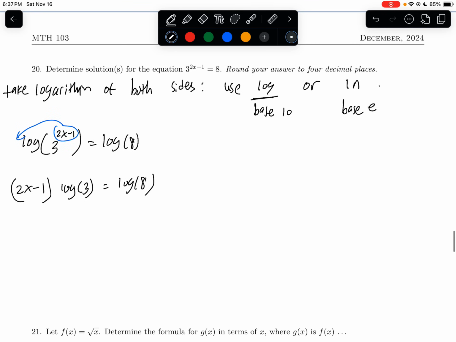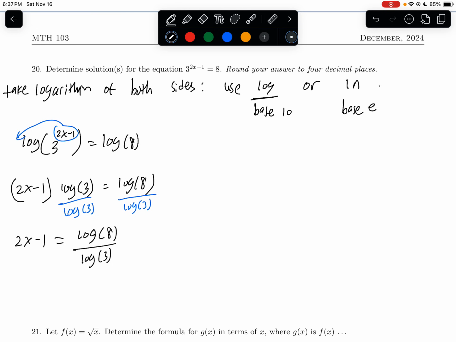And so the strategy is, there's a couple of different ways you could do this. I think it's easier to divide by this value first. If you don't, you have to do a little bit more simplification. You don't have to, but if I do this, then I have log 8 over log 3, now just a number on the right-hand side.